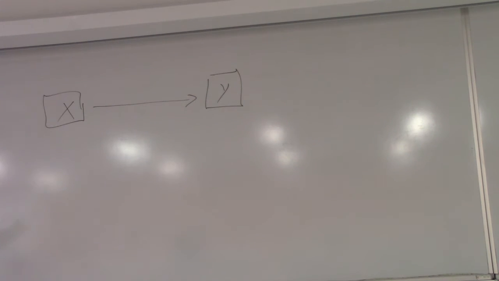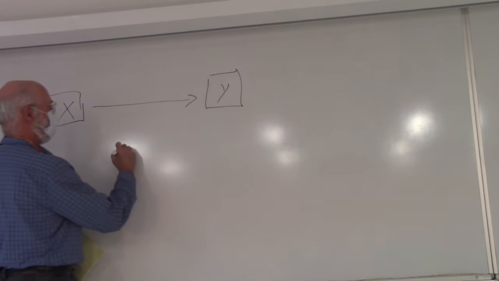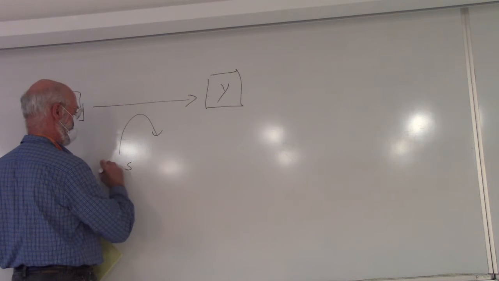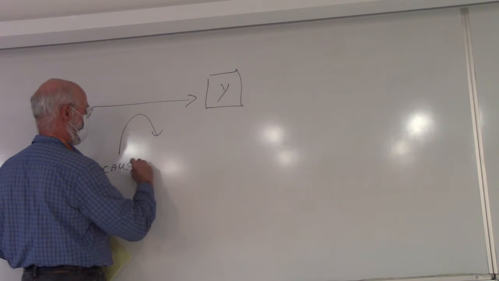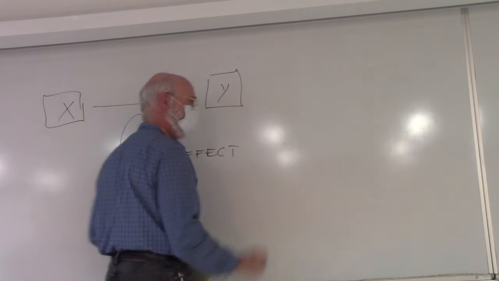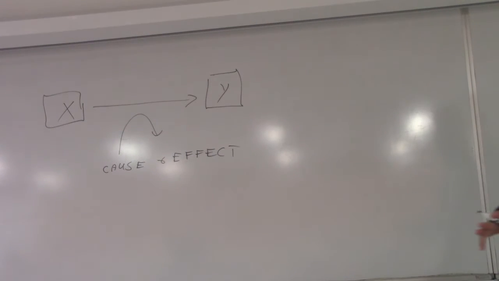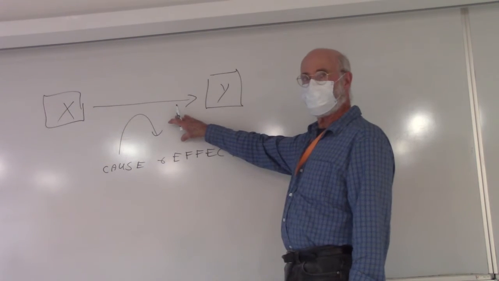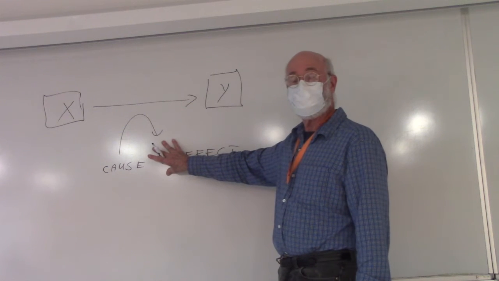What we want to do is describe that relationship. We think that there is some kind of cause and effect. Well, we thought that when we were doing the analysis of variance as well. That's why we looked at seed type, because we think there's a relationship between seed type and yield. Or between fertilizer levels. We think there's a relationship between fertilizer level and yield. So that part is the same. This is the same thing we did in analysis of variance.